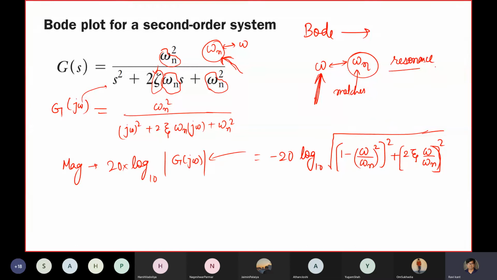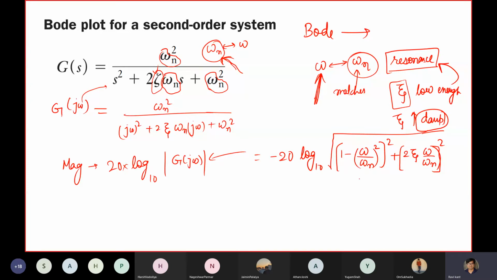Mostly it undergoes resonance, but ζ will be a deciding factor. If ζ is low enough, then it will definitely undergo resonance. If ζ is large enough, then there will be more damping in the system, and it will not undergo resonance, but it will have some peak or some transient behavior.